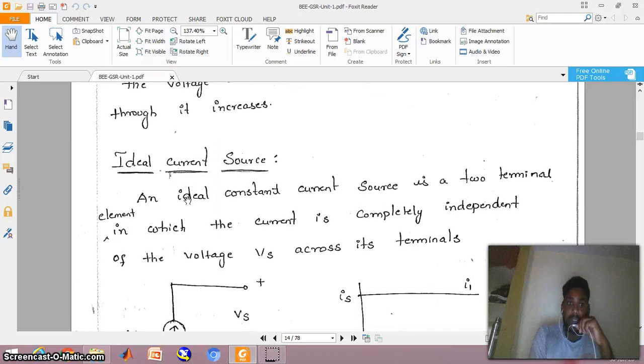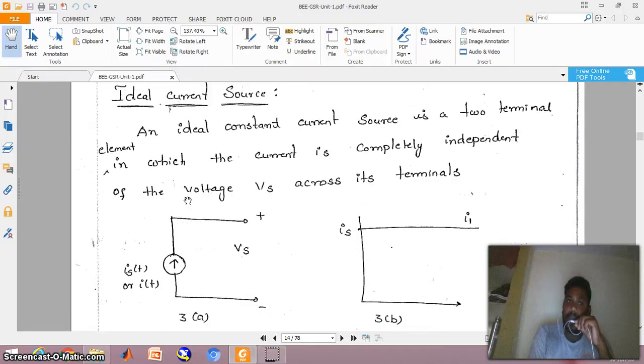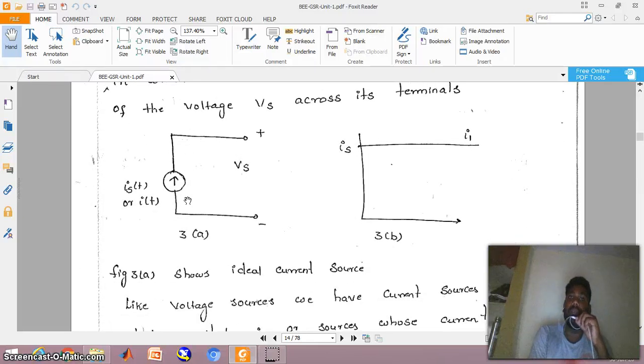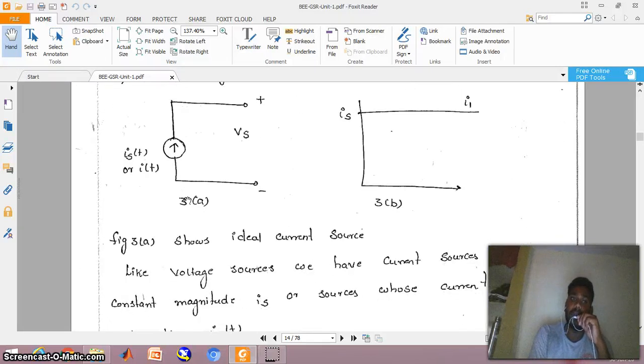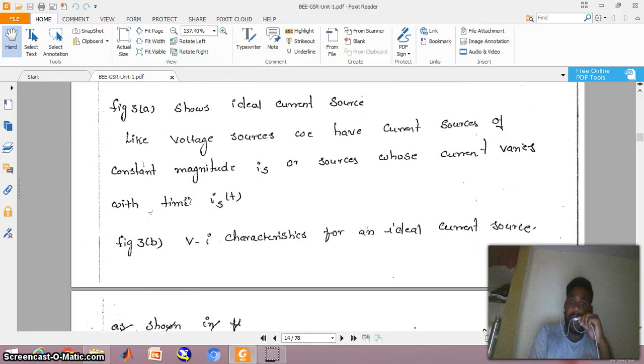Next, ideal current source. An ideal constant current source is a two-terminal element in which the current is completely independent of voltage Vs across its terminals. So here, at any load, current is constant with respect to voltage. Figure 3a shows an ideal current source.